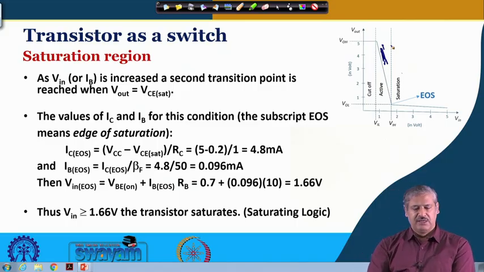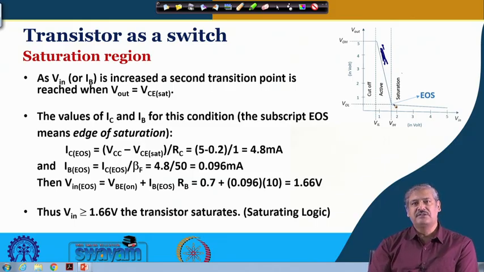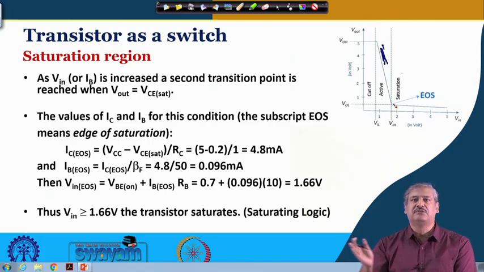This particular point we define as edge of saturation. When it just enters the edge of saturation, consider that it is still following this previous equation. After that it goes into saturation region, and it is no longer that linear relationship that we will be maintaining.